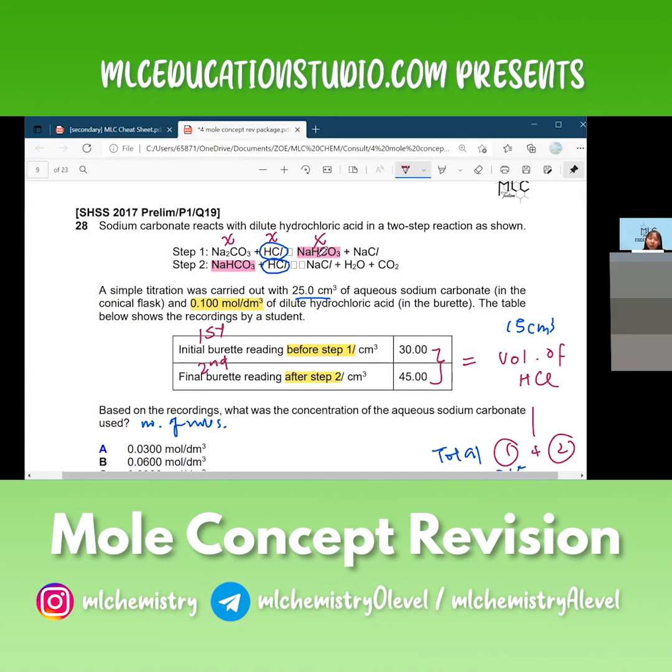I bring this NaHCO3 over to step 2, copy and paste. This should be X mole. By mole ratio, the HCl for step 2 is also X mole.